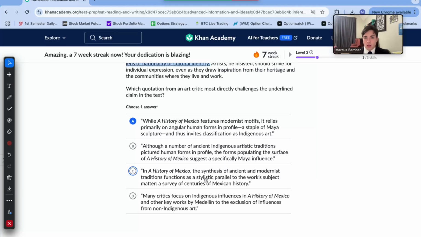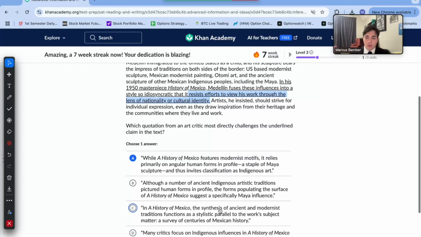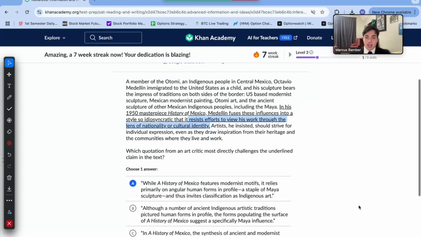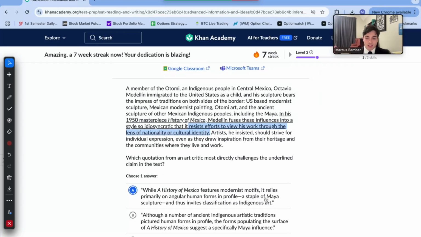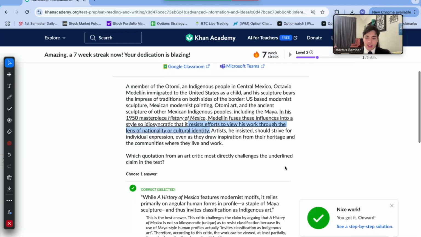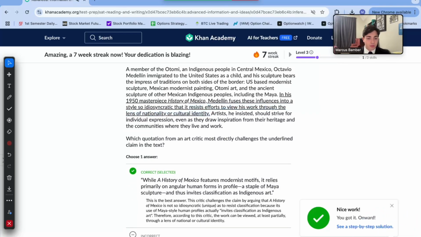This one is not really directly contradicting. And then many critics focus on indigenous influences and other key works by Medallion to the exclusion of influences from non-indigenous art. Just discusses the influences, but it's not once again a direct challenge. So we have a direct challenge to the quotation in answer choice A, and it is indeed correct.